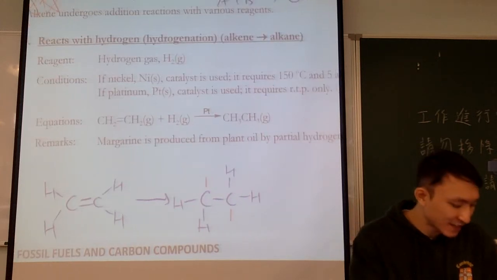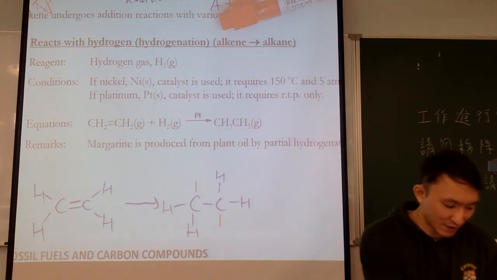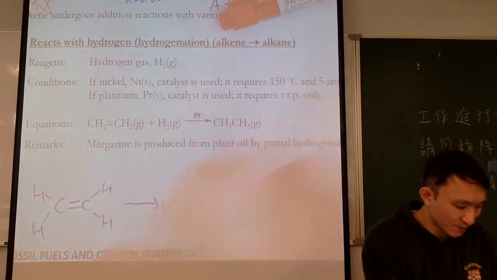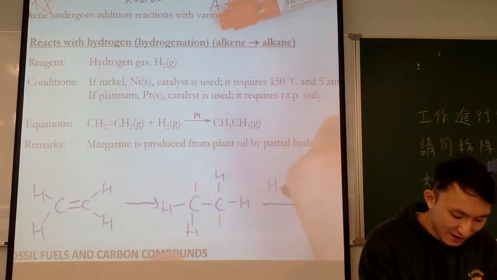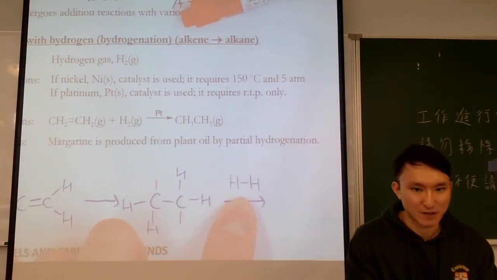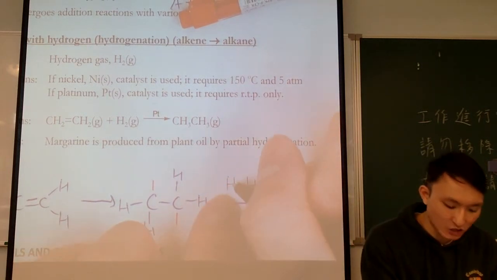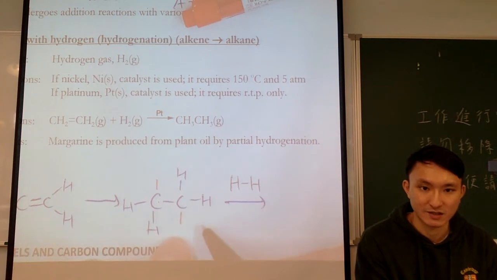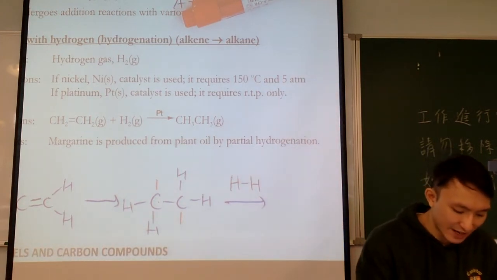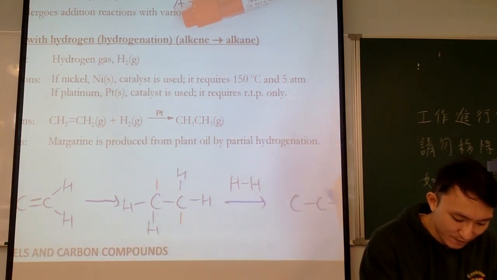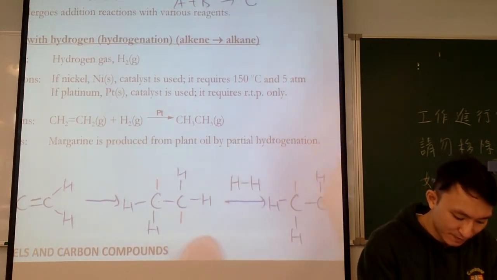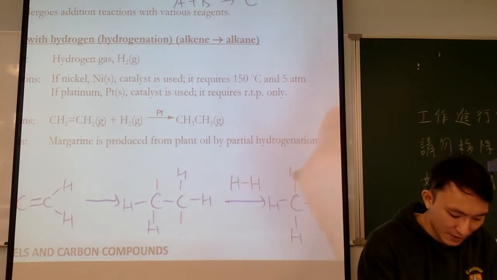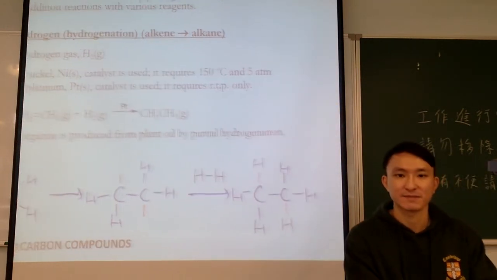So in this case, we have hydrogen, right? So the hydrogen molecule, I would put it this way. One of the H will connect to this carbon, another H will be connected to this carbon. So at the end of the day, we will have the ethane, okay?